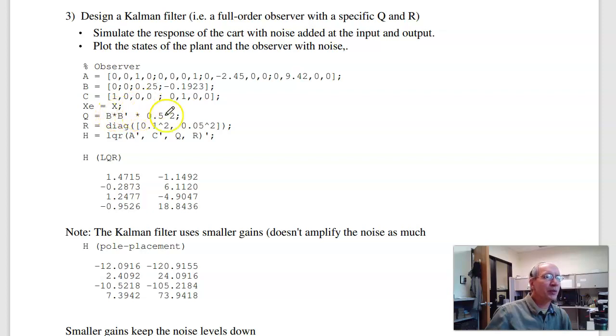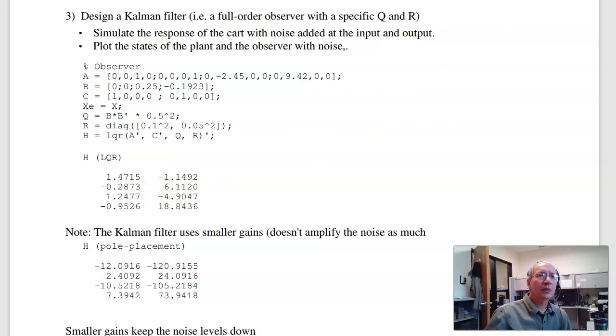It's B B transpose times the variance of the noise. R is the sensor noise. The standard deviation on the position is 0.1. Standard deviation on angle is 0.05. Use LQR with that Q and that R, and it gives you a very specific H. What that H does is give you the best least squares estimate of the 4 states of the system.